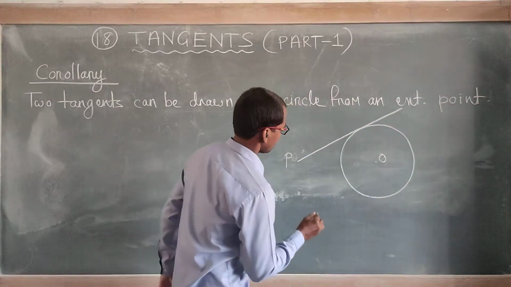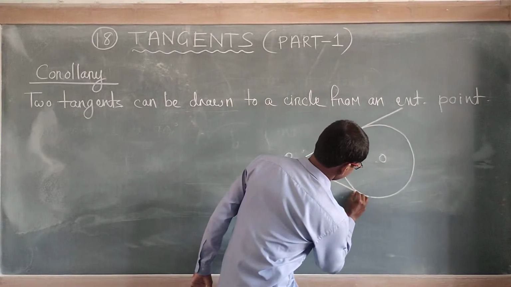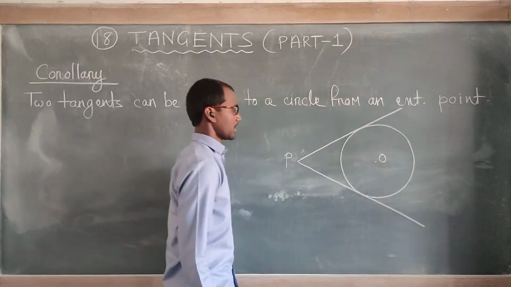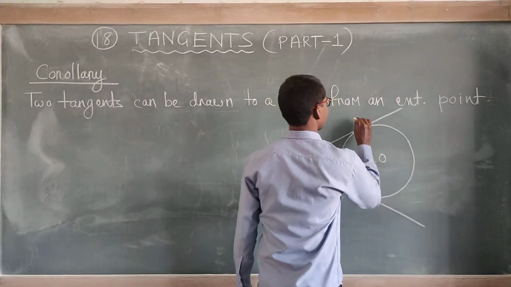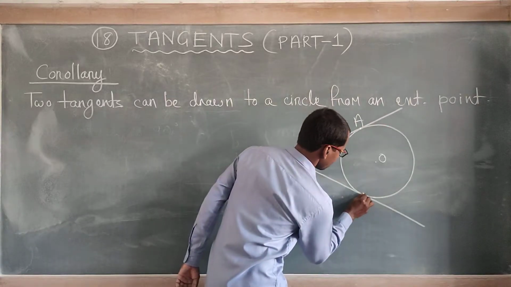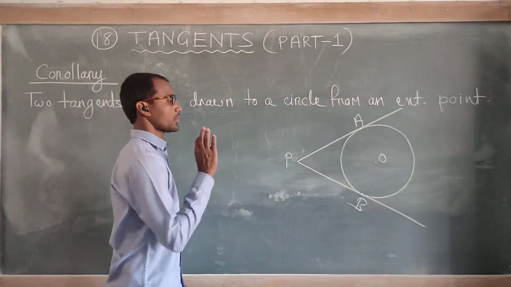This is one tangent and this is another tangent. Let the points of contact be A and B. So we can draw two tangents.